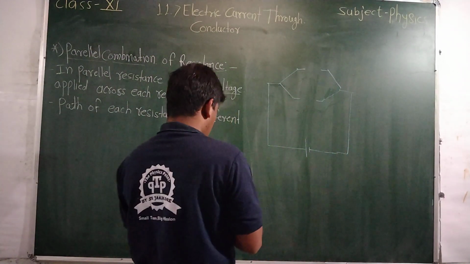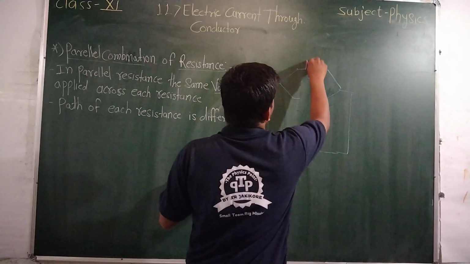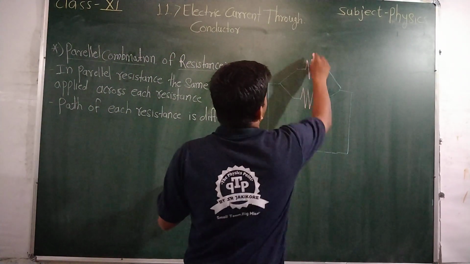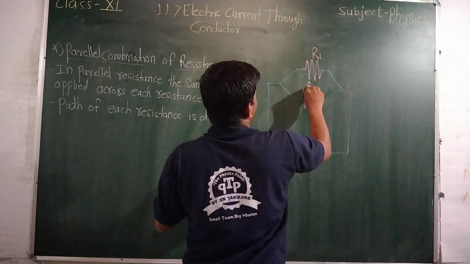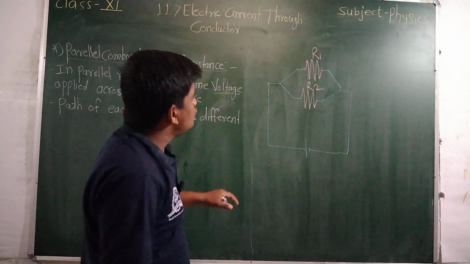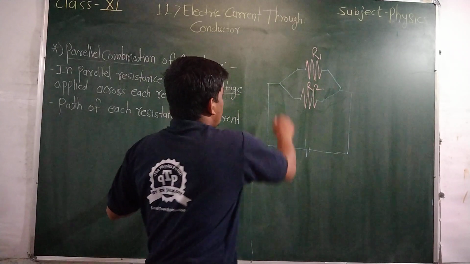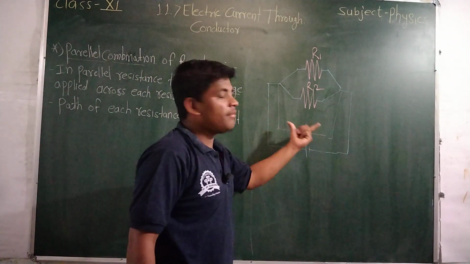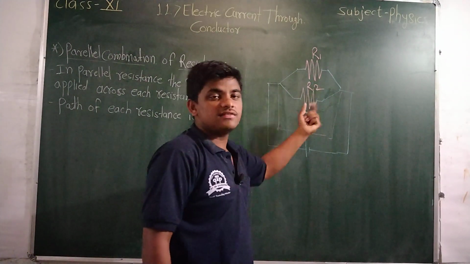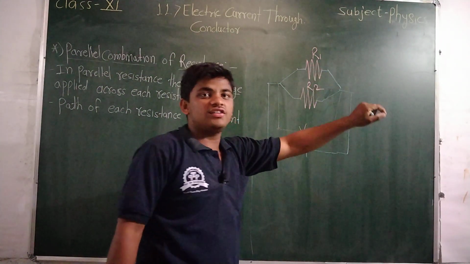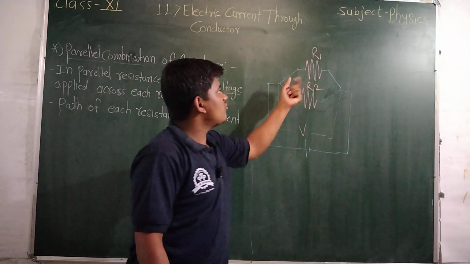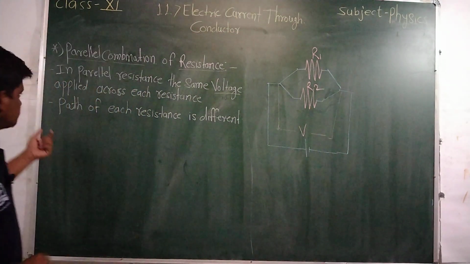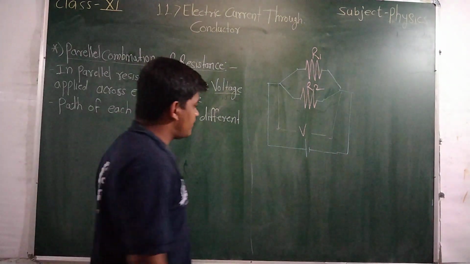This is the diagram, and these are the two resistors I have connected here: this is R1 and the other one is R2. The potential difference across the two resistors is V, and the potential difference of each resistor will be the same. The current is different and the path of each resistance is different.